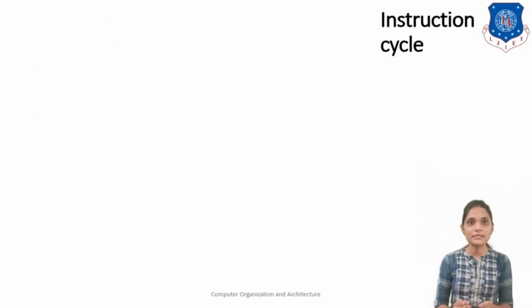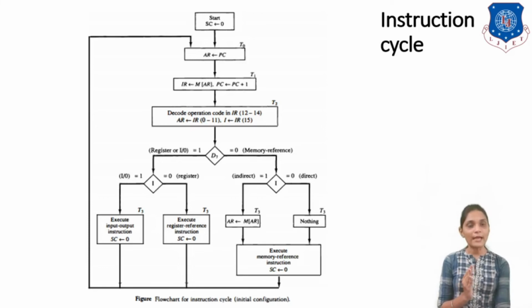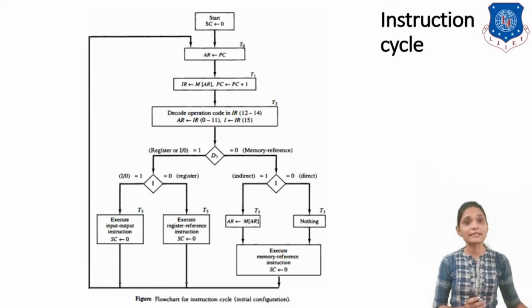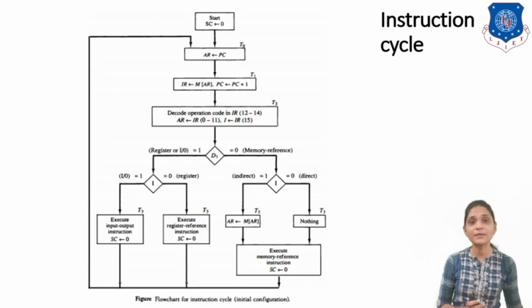If we consider the instruction cycle, then for any of your instructions you have to do the fetching and decoding task, and these tasks are completed in the timing cycles T0, T1 and T2. After this you have the decoded instruction and find out which instruction it is. So this task is already completed, and if the D7 bit is 1, that means your instruction can be either IOP or register reference.